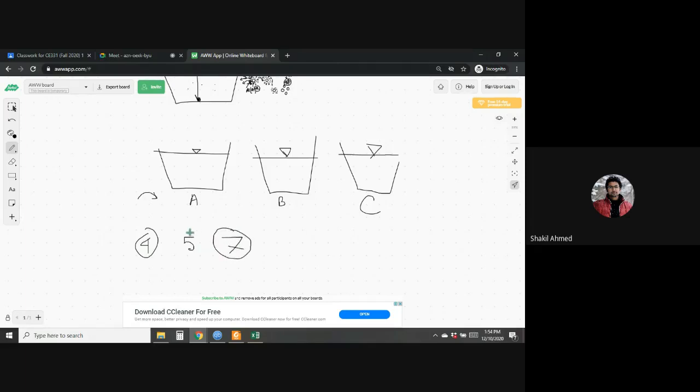Is it clear? Both are a problem. If you give less than what is required, and if you give higher than what is required, both are a problem. So you have to give the optimum one. This is a hypothetical value. We need to determine this.